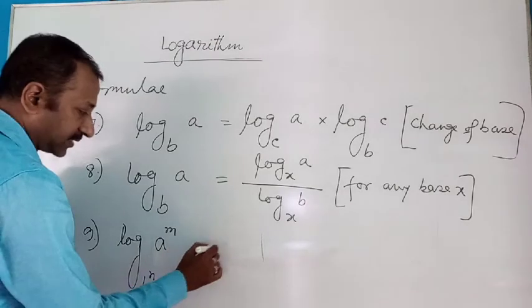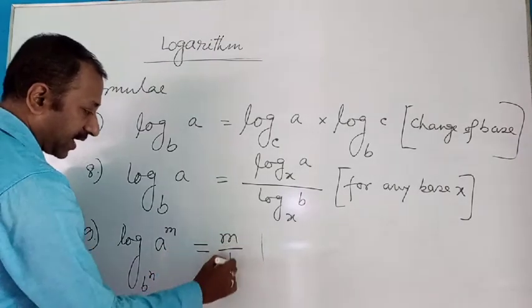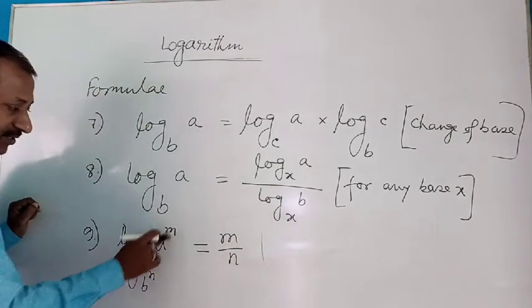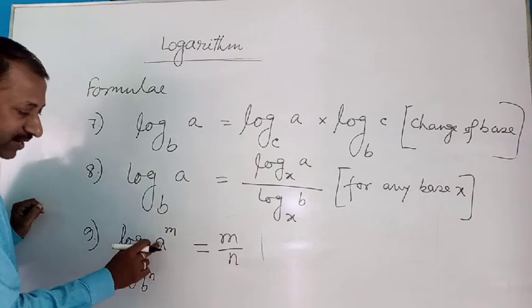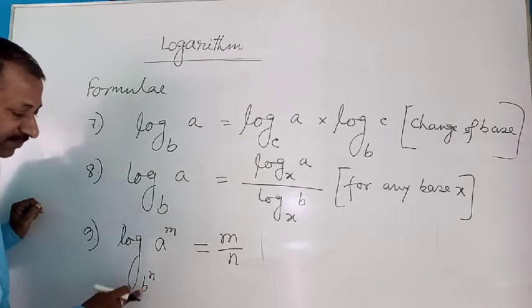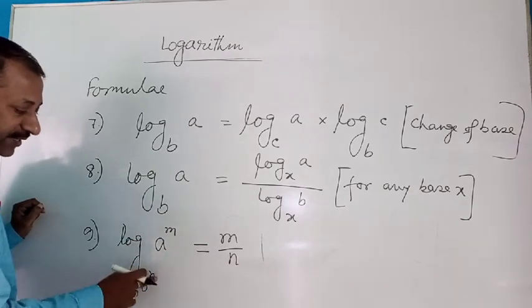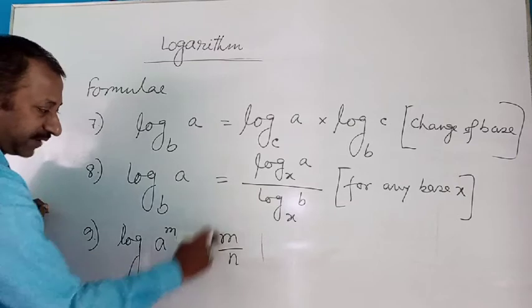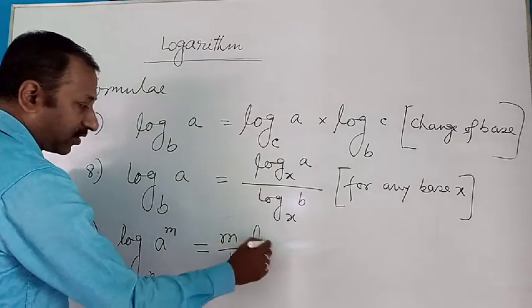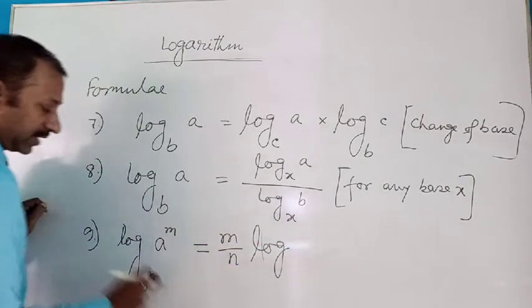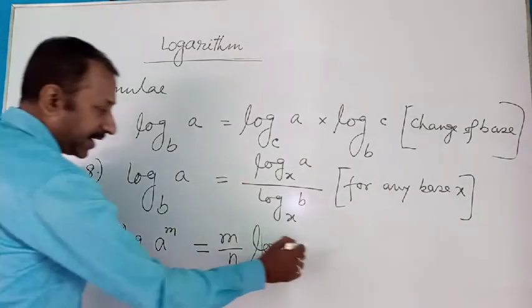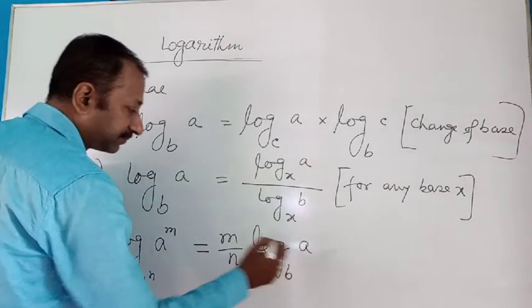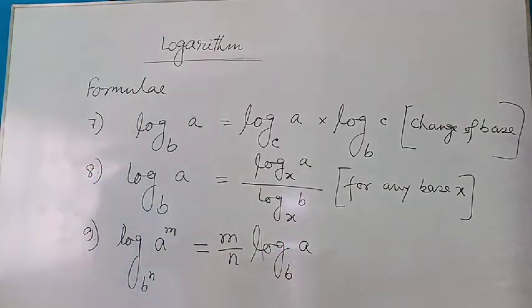So its answer is what? m by n. The two exponents here, of the number and the base, are m and n. So this fraction m by n becomes the multiplier of log a base b. Okay.